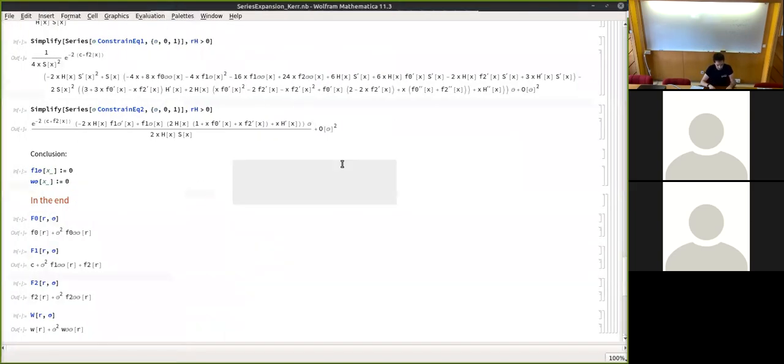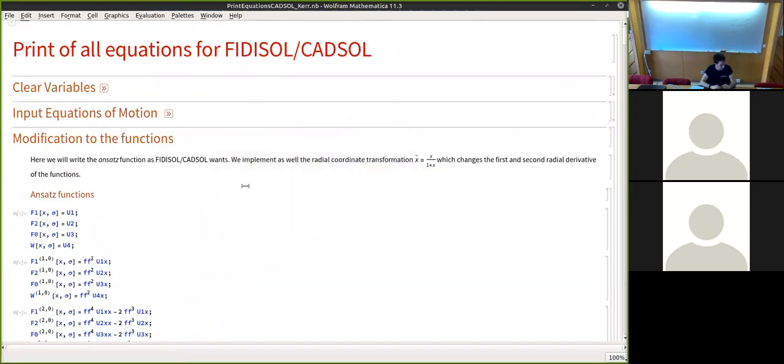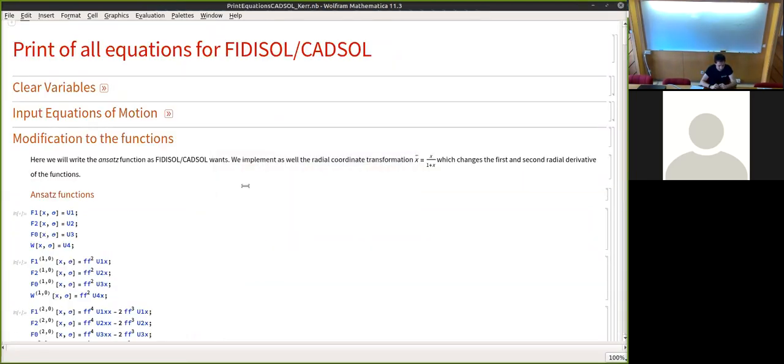So now that we motivated a bit more why we choose these boundary conditions, we can go and print everything that we obtained so far in the Fortran form, so that we can copy everything to a Fortran file.